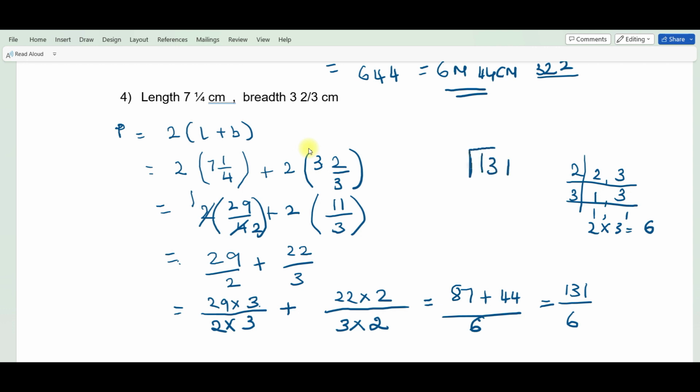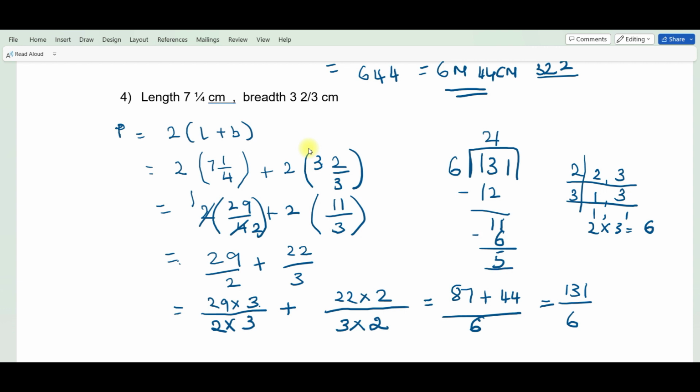So I have 131 and I have 6 as a divisor. Now I'll do 6 2 times would give me 12. So 13 minus 12 would be 1, and I take this 1 here, again it would be 1 time of 6 would give me 6. Now I have a difference of 5.